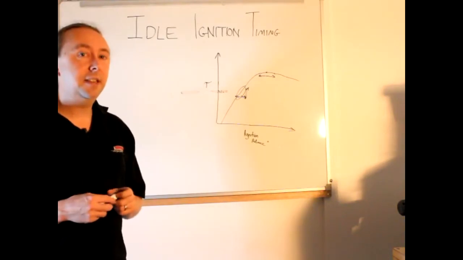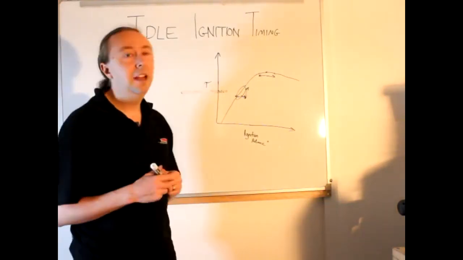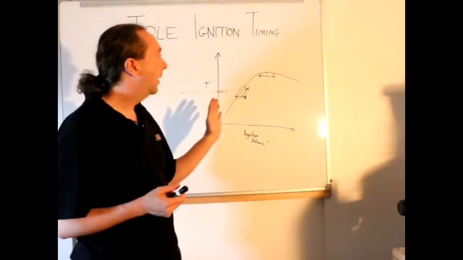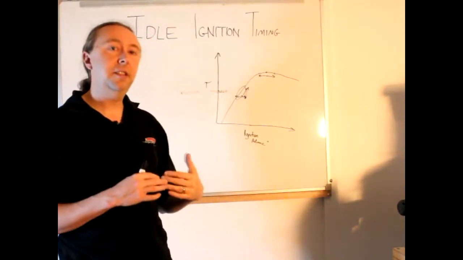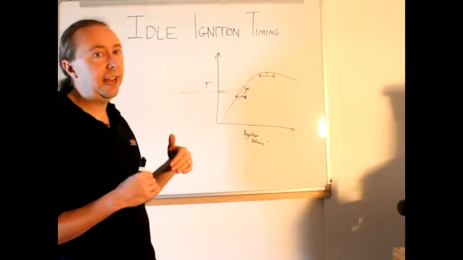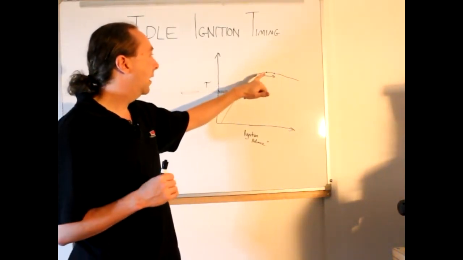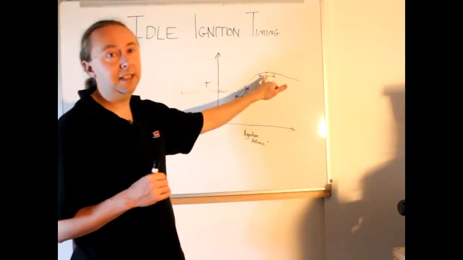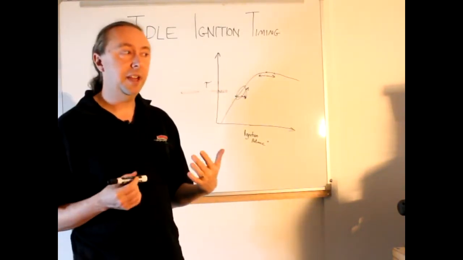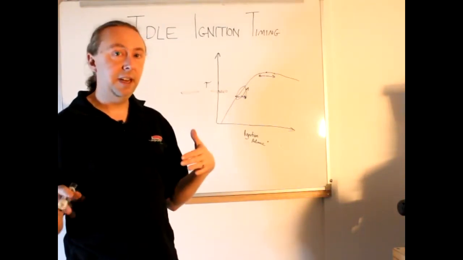Another reason is that you need to have some torque in reserve to actually make the idle stable. If you set your idle so that you've got so little air going into the engine that it's idling at the right RPM with ignition timing this high, then it's going to be a lot harder to get the return to idle condition nice.